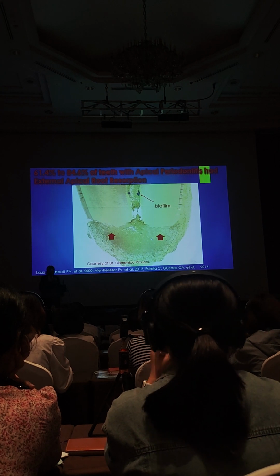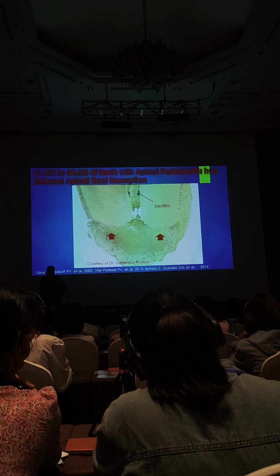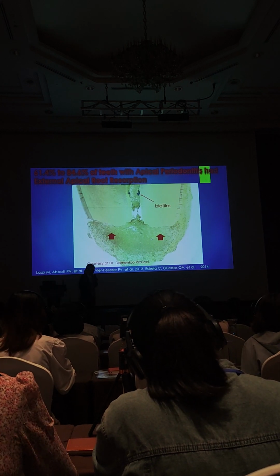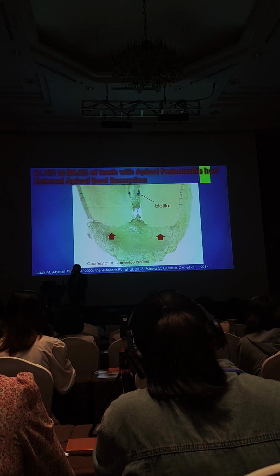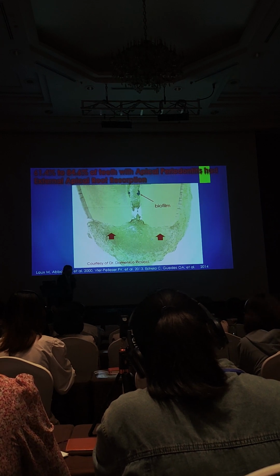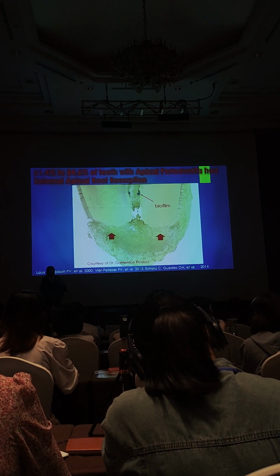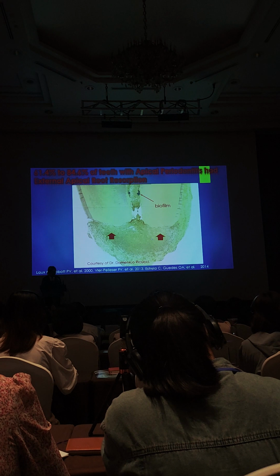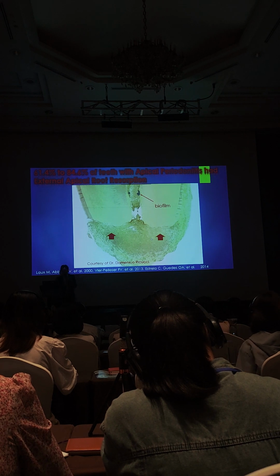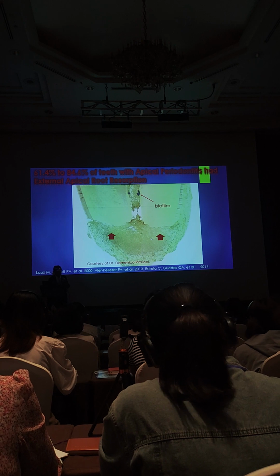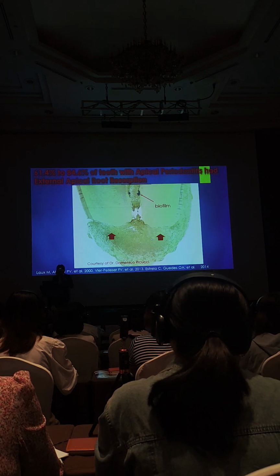Then the bone will be eliminated in addition to the root surface eliminated because of the inflammation. So according to many studies, in 80 to 84% of the cases with preoperative lesions you see the external root resorption. So whenever you see the preoperative lesion, 84% of the cases have external root resorptions.